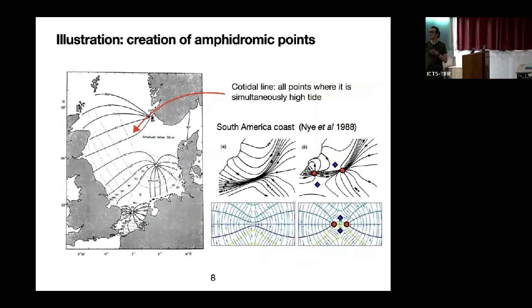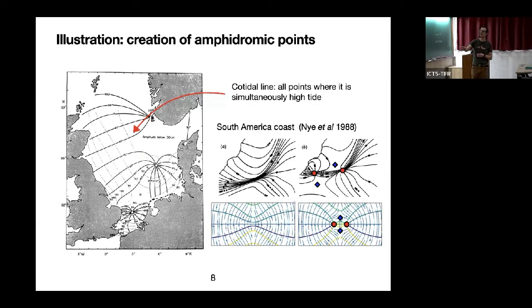Actually, this provides kind of an explanation of what we call amphidromic points and how they are created. Actually, I realize that I'm also putting a picture of the UK.